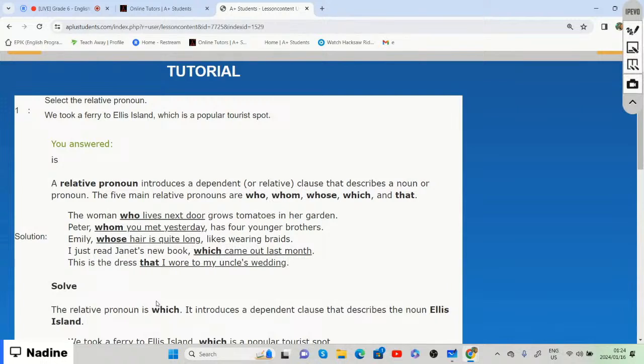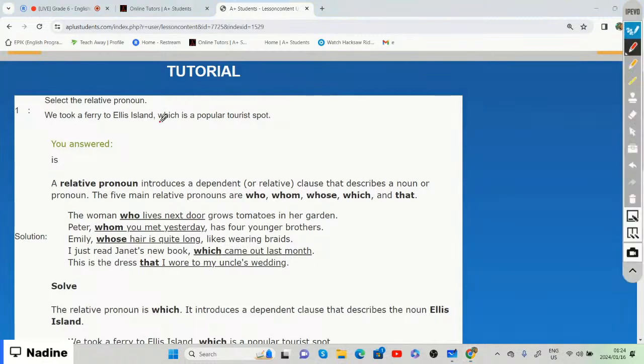So we need to select the relative pronoun. So we took the ferry to Ellis Island, which, or we can say which is a popular tourist spot. So that is our relative pronoun, which is our dependent or relative clause.